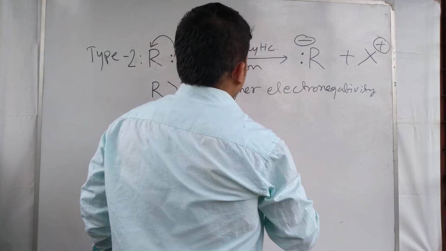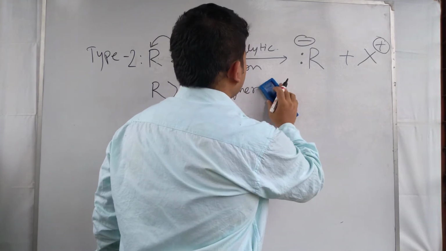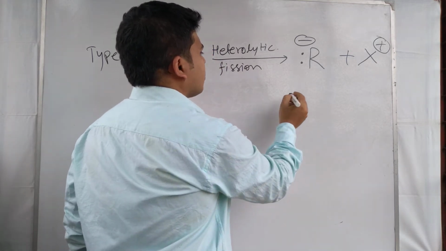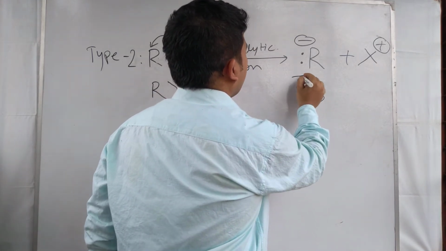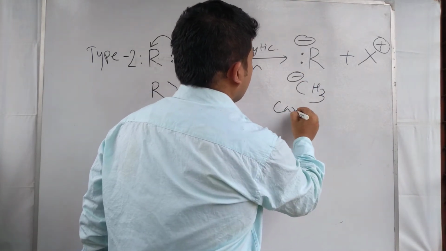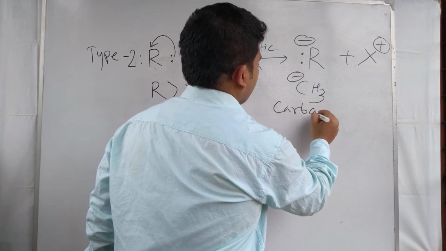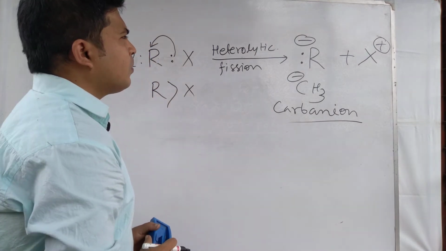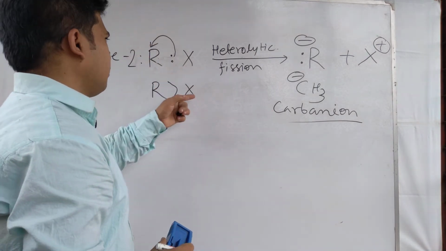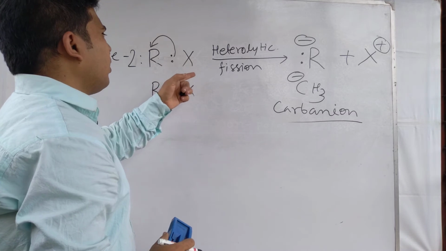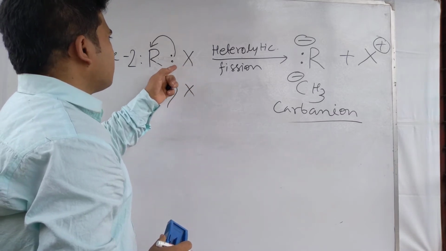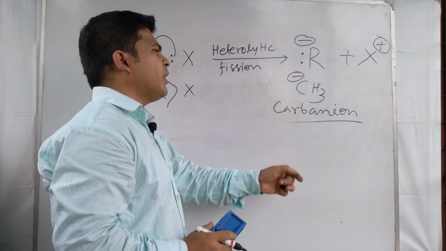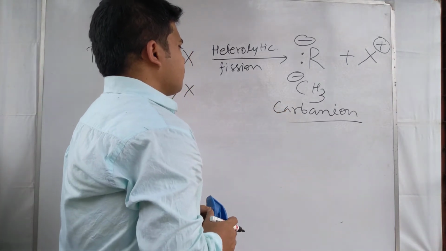And where the negative charge is on the carbon atom, suppose it is CH3 minus, it is called carbanion. Carbanion is formed in this mechanism. If the bond is broken in this mechanism, heterolytic fission, at that time carbanion is formed.